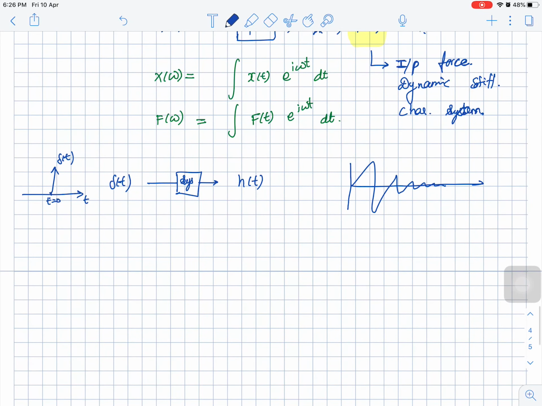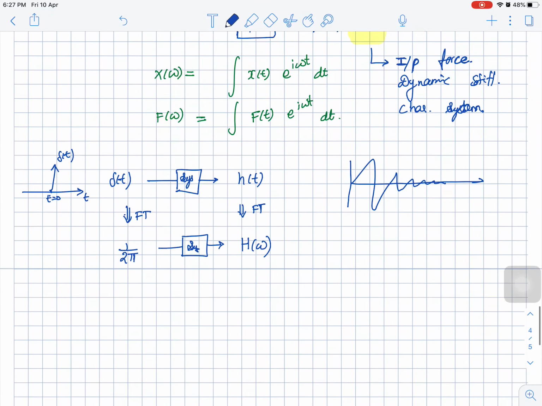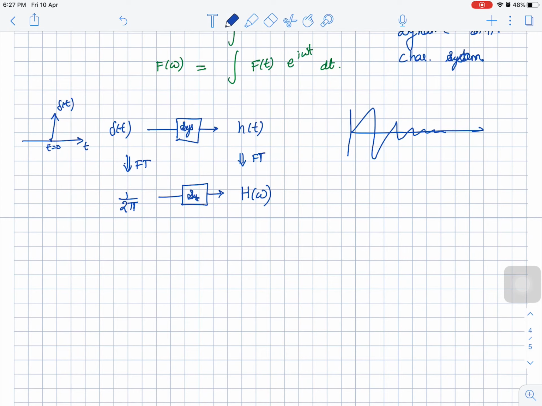Now if you take the Fourier transform here, this becomes 1 divided by 2 pi. Similarly, if you take the Fourier transform of h of t, it will become h of omega. Therefore we conclude this h of t and h of omega are a Fourier transform pair.